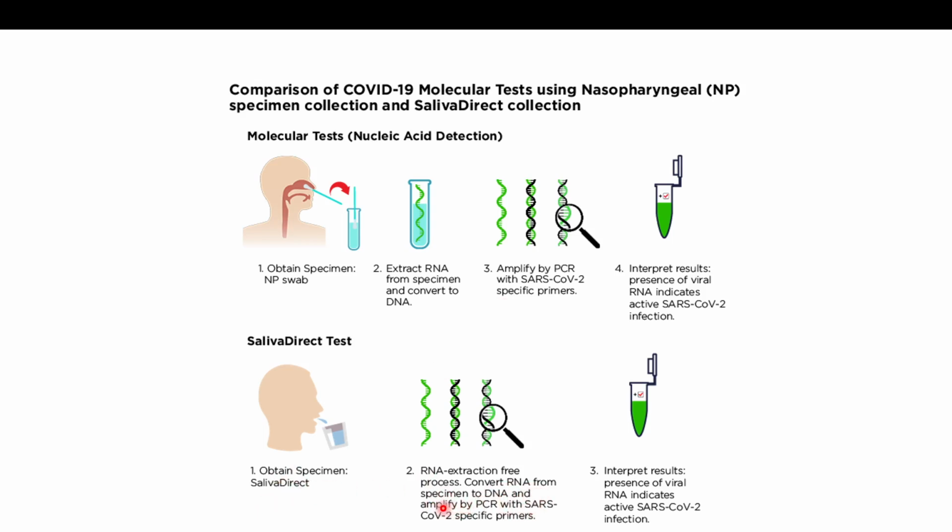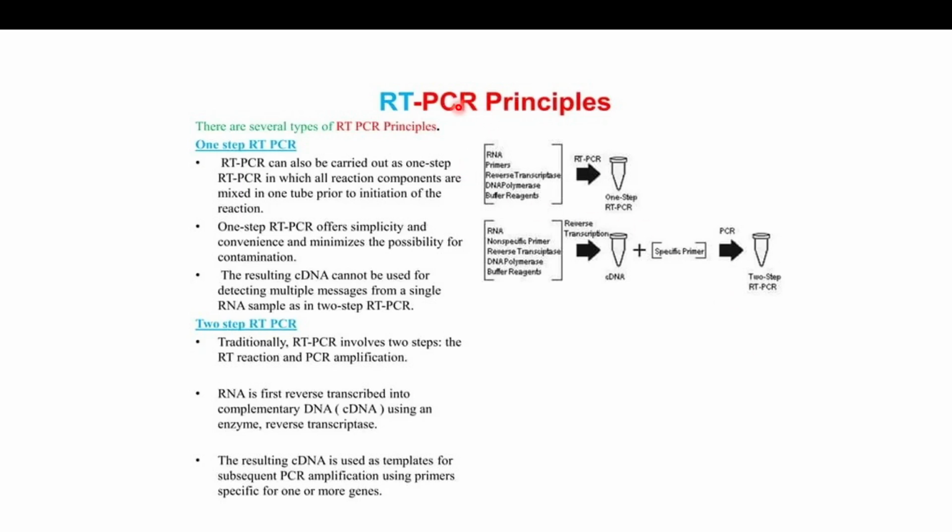Directly, you can again use SARS-CoV-2 specific primers to PCR amplify the samples from cDNA and then interpret the results. Okay. So RT-PCR is PCR plus reverse transcription.